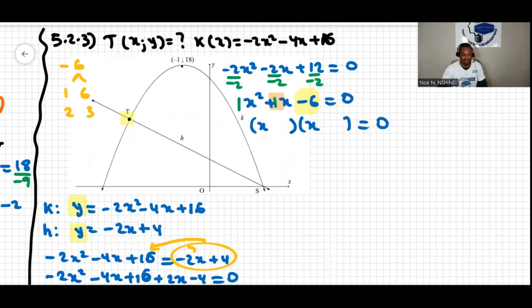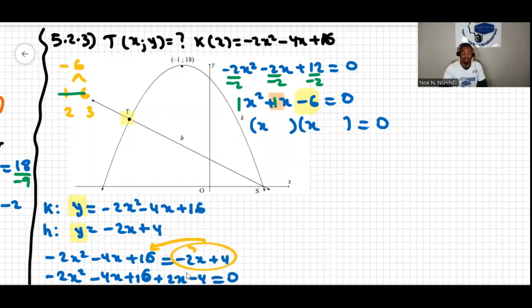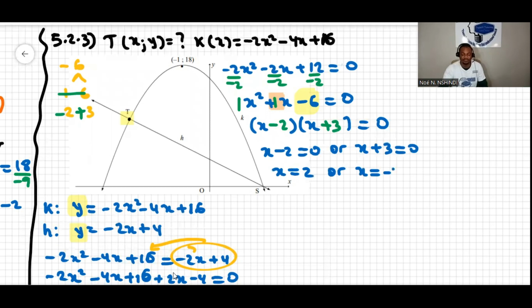We can see that 2 and 3 will make 1: negative 2 and plus 3, and negative 2 times positive 3 makes negative 6. So x minus 2 equals 0, or x plus 3 equals 0. That makes x equal to 2 or x equal to negative 3.